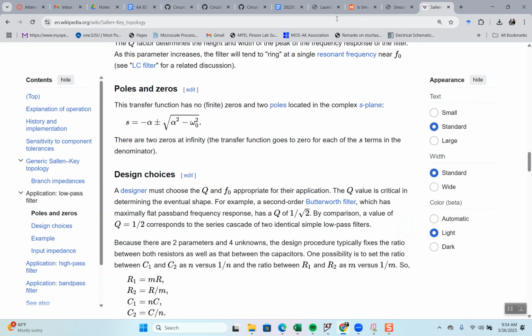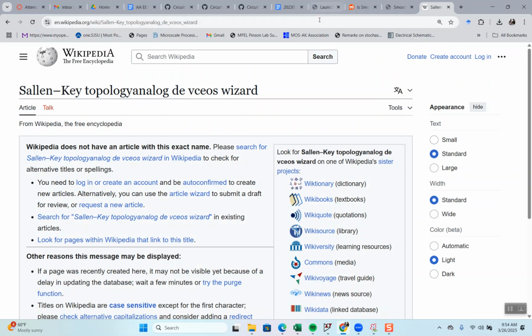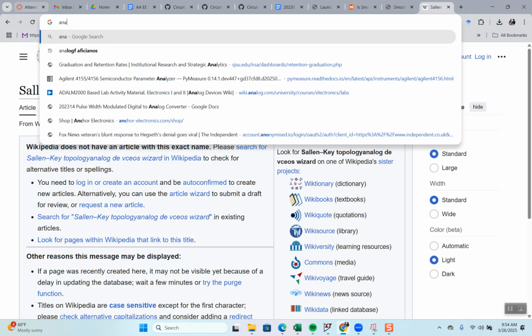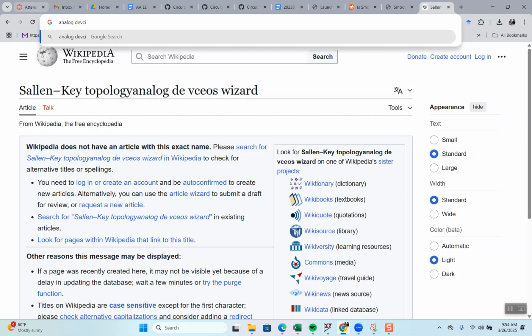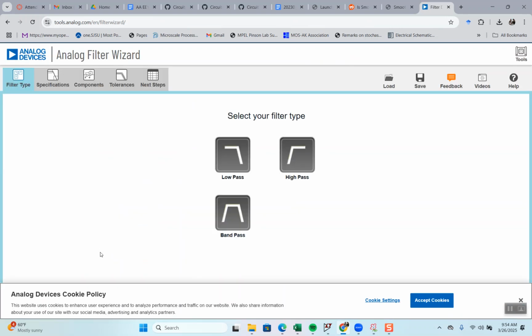Now when you go to the wizard, the filter design tool, I'm going to make a low pass.